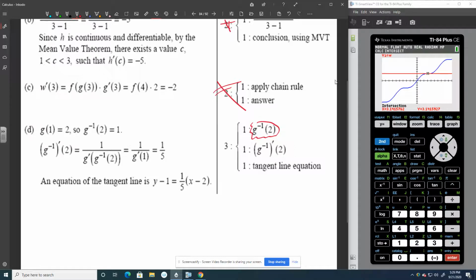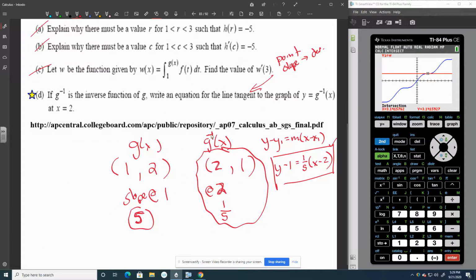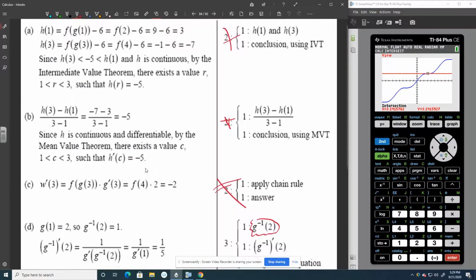Which we did, right? We found the point, the inverse of 2. We said g inverse of 2 is 1, so you would have gotten 1 point right there.